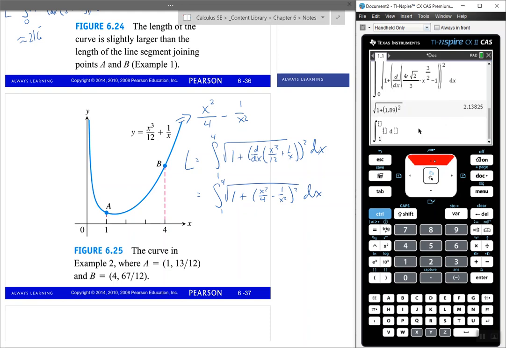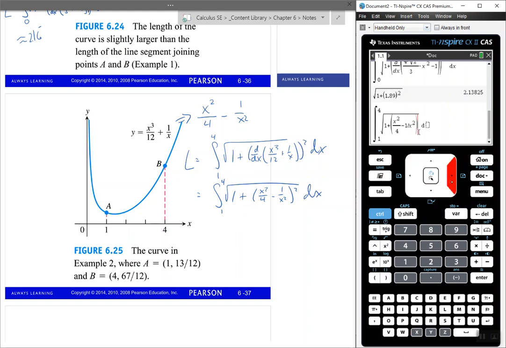Taking that derivative by hand just brings in another chance to get something wrong. And no one wants to get something wrong. That's a simplistic sort of part of the problem. We have x squared over 4, there we go. We have minus 1 over x squared, and we'll square all that, and we'll go dx.